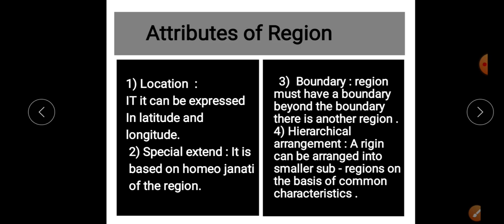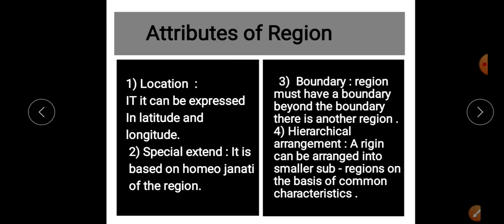For example, we can say there is a rainforest area. The spatial extent of the rainforest is located between 0 to 10 degrees north as well as 0 to 10 degrees south. We can find the rainforest region in the Amazon river basin and Congo river basin, because the other factors are supportive for the growth of rainforest, and it is the spatial extent of that region.